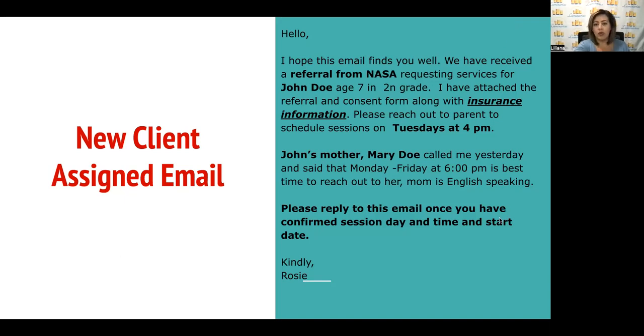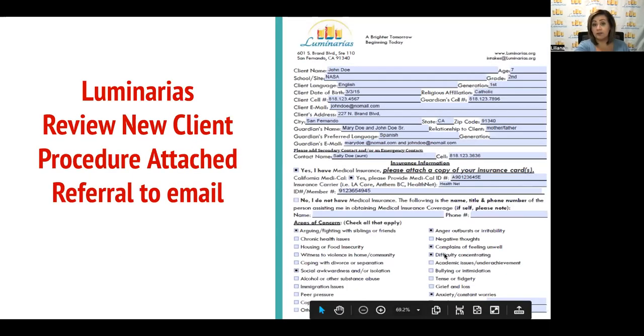And we go ahead and look at the referral. So as it's attached, you open it up and you notice that the referral comes with the majority of this information. The parent normally fills it out at the school, signs it, and it gets emailed over by the school.